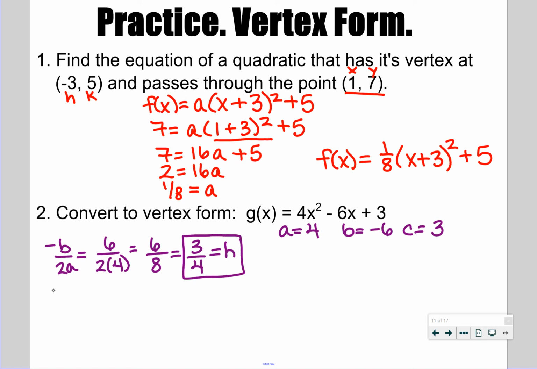To get the k that goes with it, we plug h, or the x-coordinate of my vertex, into the formula. So we're going to do 4 times 3/4 squared minus 6 times 3/4 plus 3. And again, you can use your calculator here. If it's easier again with the 0.75, go ahead and use that.